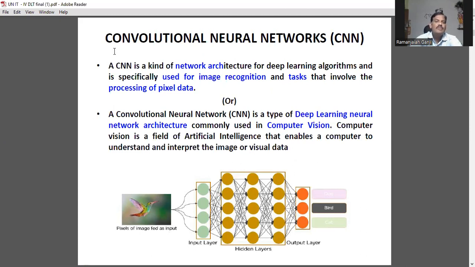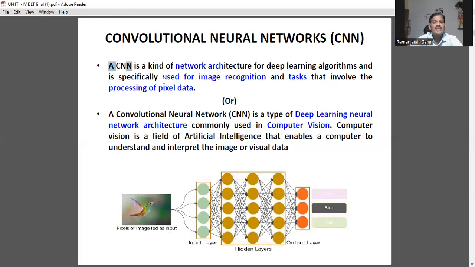Next, what is meant by convolutional neural network, CNN? Very important question. In simple words, in order to identify or recognize a specific image by processing the image in terms of pixel data is said to be CNN.